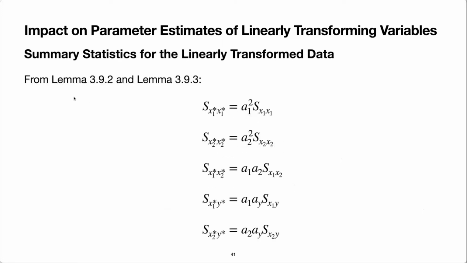Then, applying lemmas 3.9.2 and 3.9.3, we see the relationship between the corrected sums of squares and corrected sums of products for the transformed variables and their relationships to the corrected sums of squares and corrected sums of products based on the untransformed data according to these equations. And this is going to become very useful in subsequent slides.